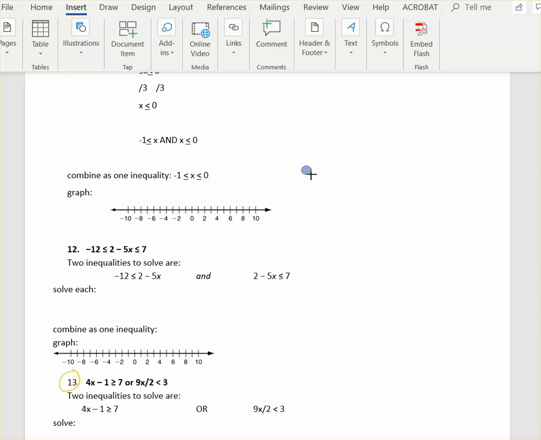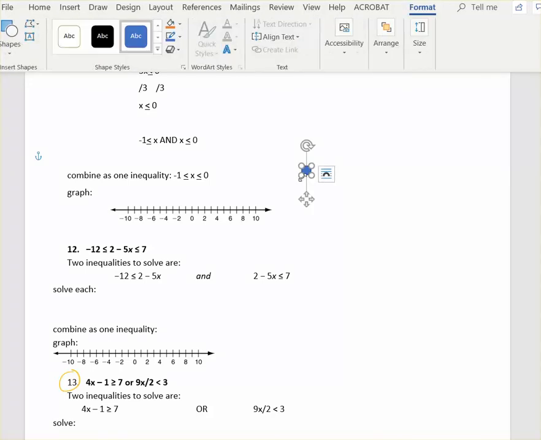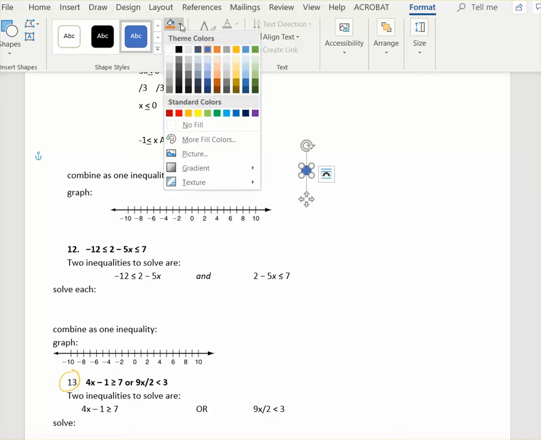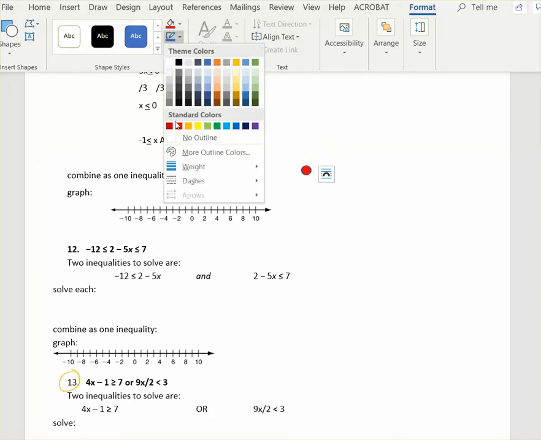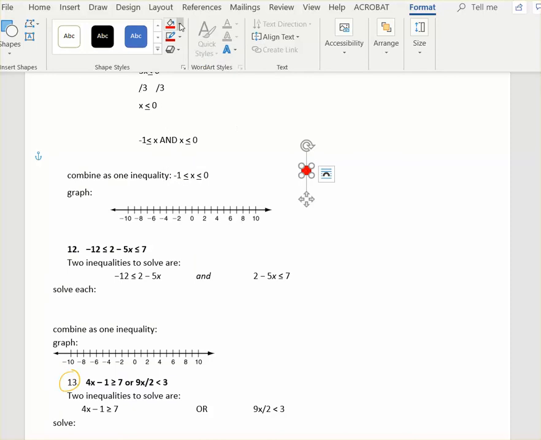I'm going to check if it's filled in. I filled it in last time, so it is. If yours is not, or if you want to change the color, you can change the outlines, and all of these tools up here will let you do that. So once you're happy with your endpoint, then you can click and drag that to -1 on your graph.